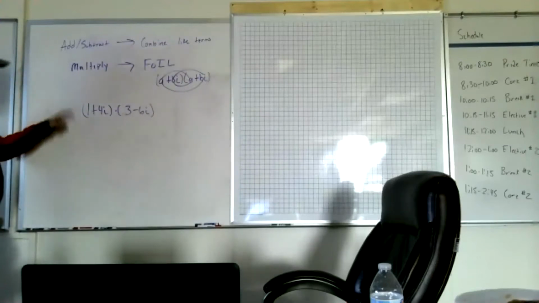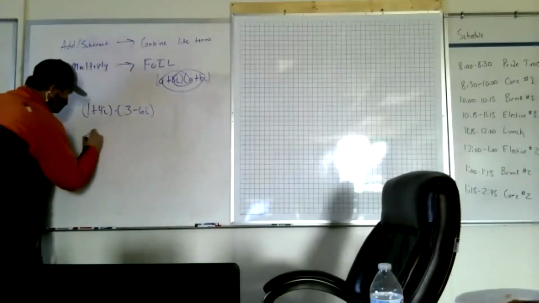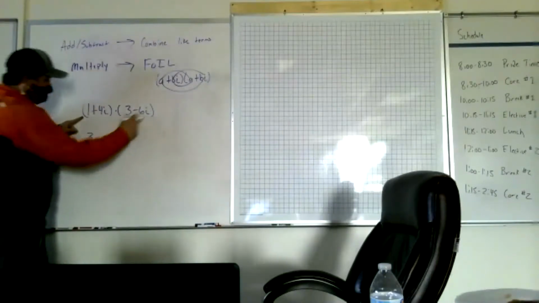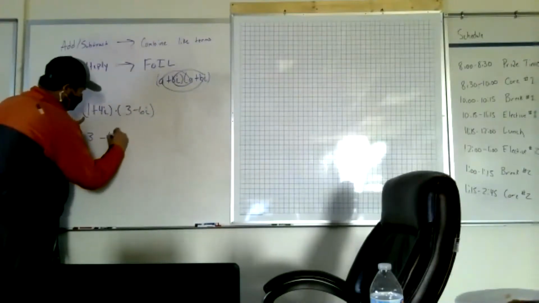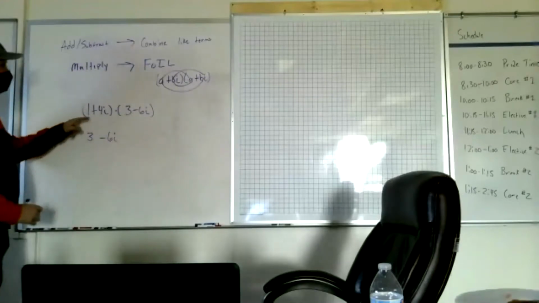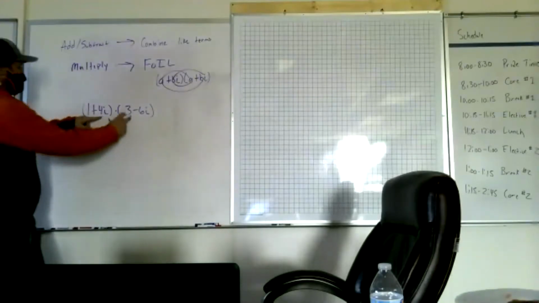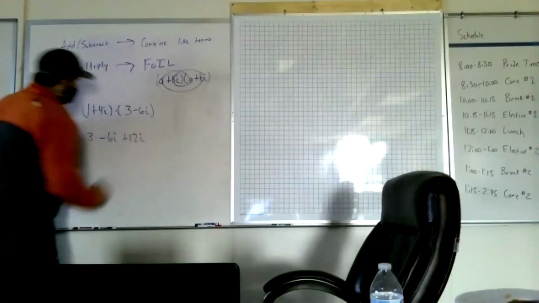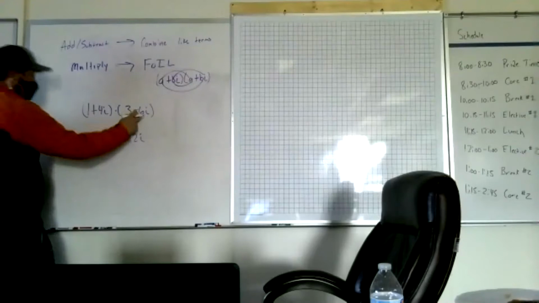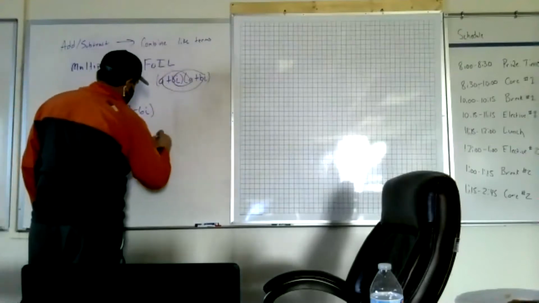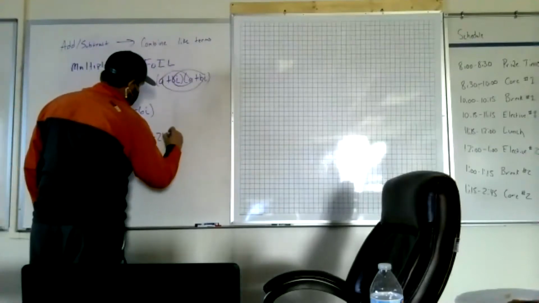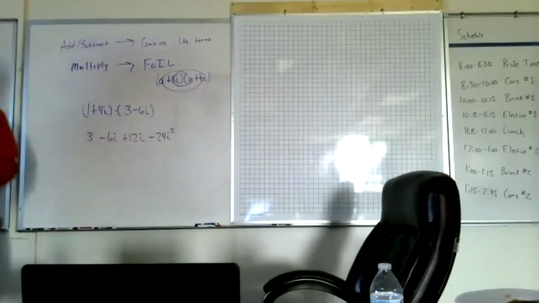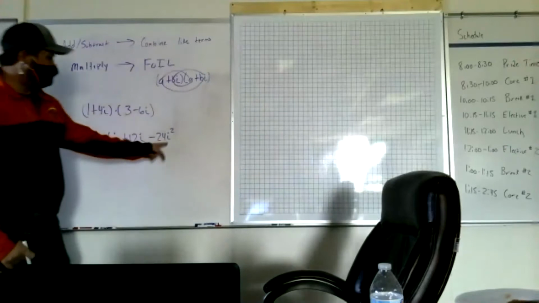So my first terms, 1 times 3 gives me 3. My outside terms, 1 times a negative 6i gives me a negative 6i. Okay, 4i times 3 gives me a positive 12i. 4i times a negative 6i gives me negative 24i squared. Okay, remember i squared is equal to a negative 1.